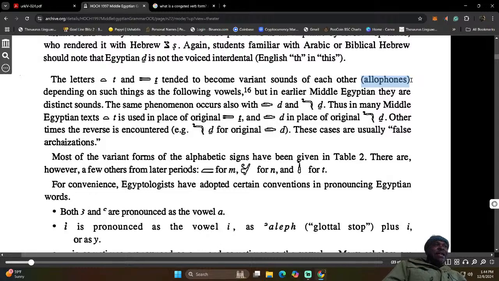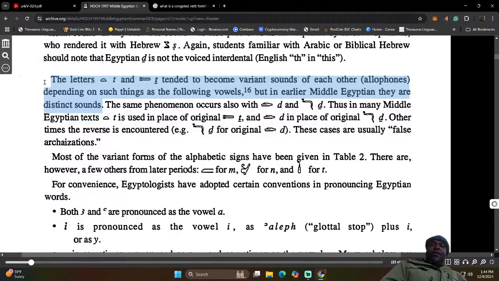Because the T and the TCH are allophones, meaning that they tended to become variant sounds of each other, depending on such things as the following vowels, but in earlier Middle Egyptian, they are distinct sounds.